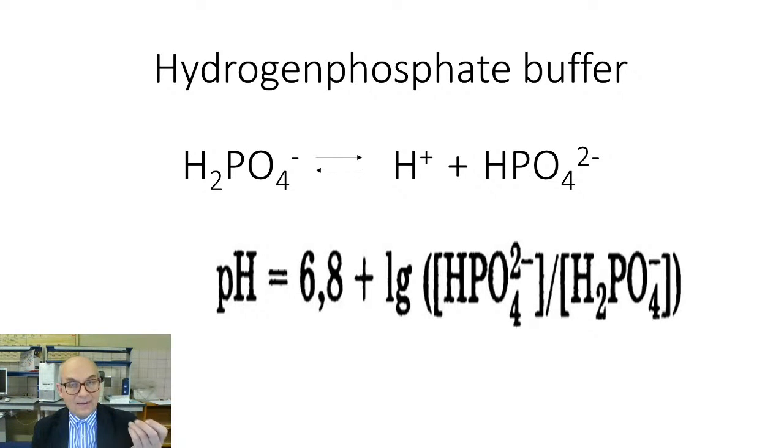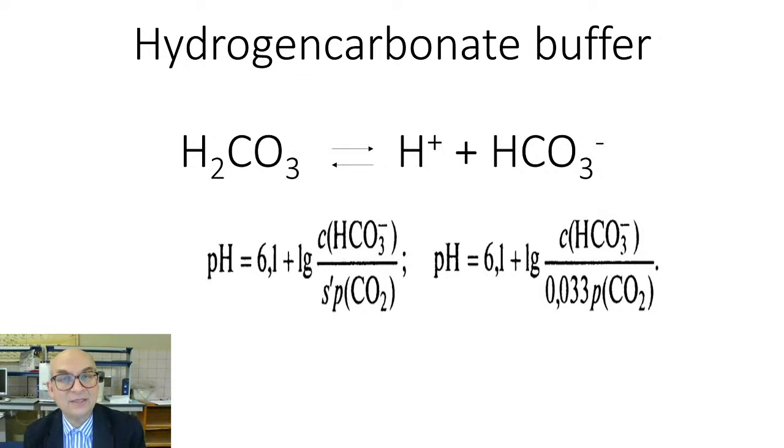Appropriate pKa is pKa2 for phosphoric acid. In this case, we can prepare buffer which can form the pH about 7. And in previous hydrogen carbonate buffer, again, pKa1 is about 6 and something for H2CO3, pKa2 is about 11.